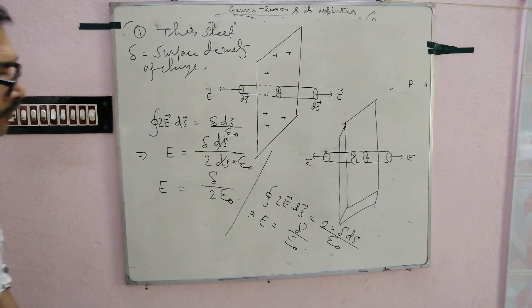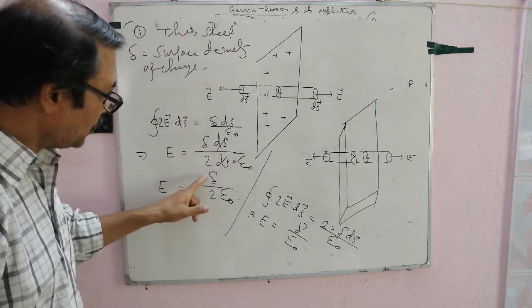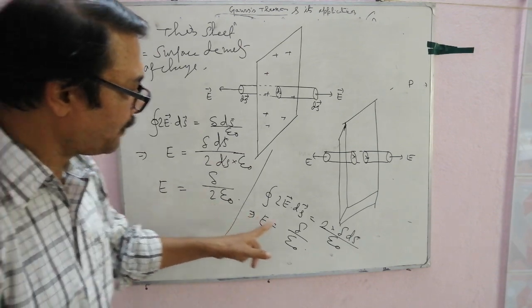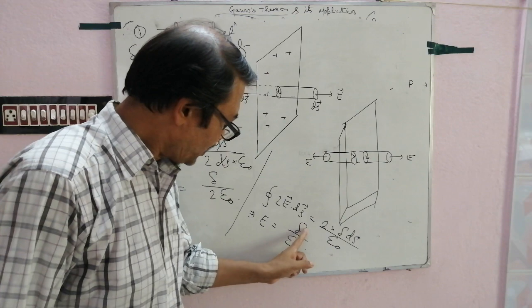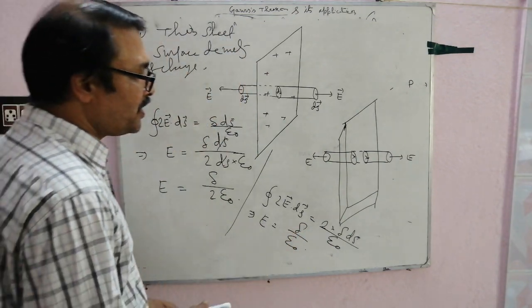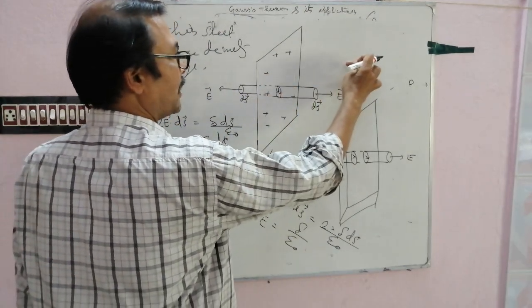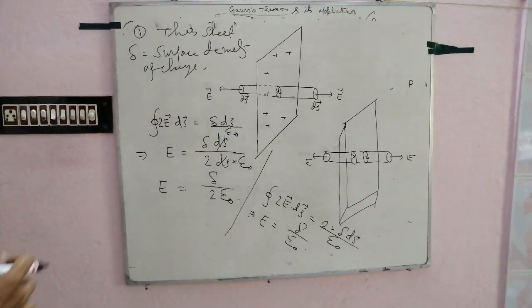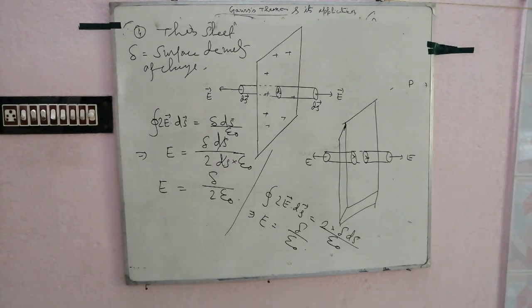So for a thin sheet the value is sigma by 2 epsilon 0, but for finite thickness sigma by epsilon 0. This is the surface density of charge. If this is positive charge, the field direction is outward; if the charge is negative, the field direction will be the opposite way. Okay, note it.